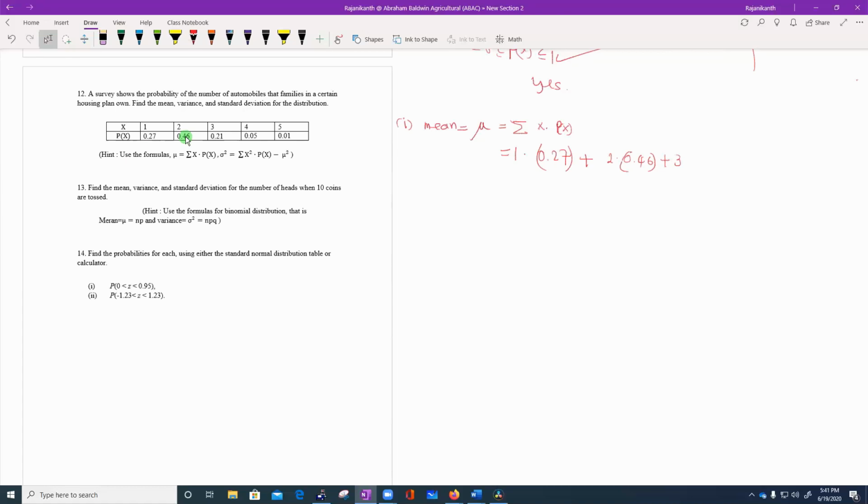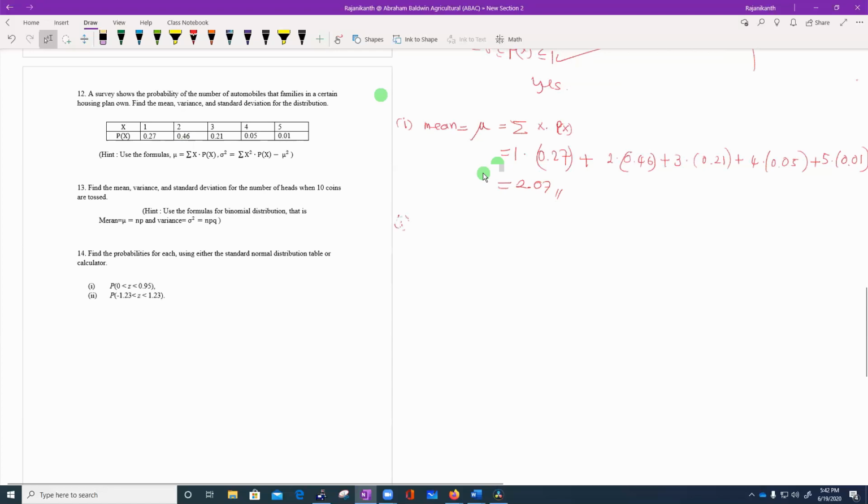And my third one is 3 times 0.21, and my fourth one is 4 times 0.05, and my last possible x value is 5 times 0.01. Take your calculator and simplify and write into 2 decimal places, 2.07. That means this is the mean of my random variable x. It's super easy, no? You have the formula, simply plugging the values in.